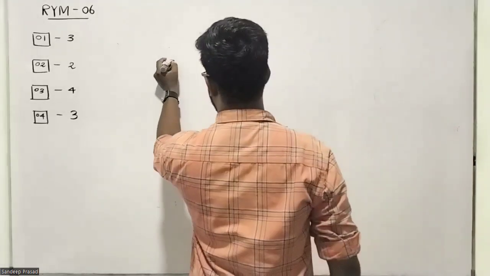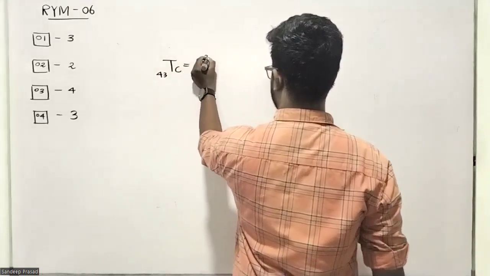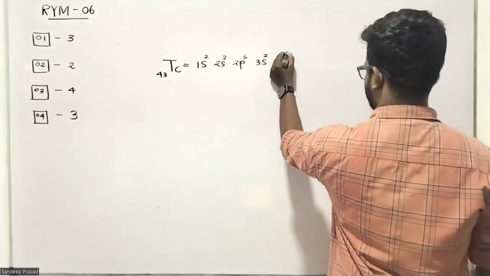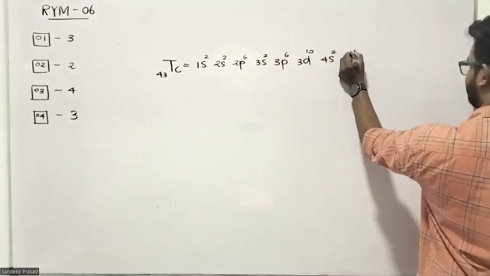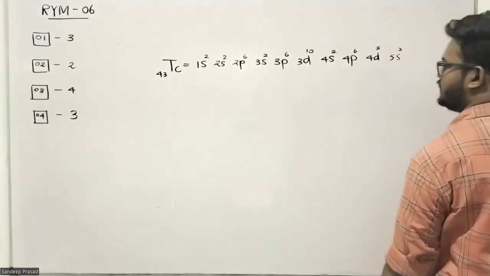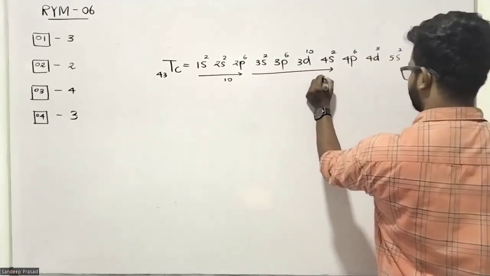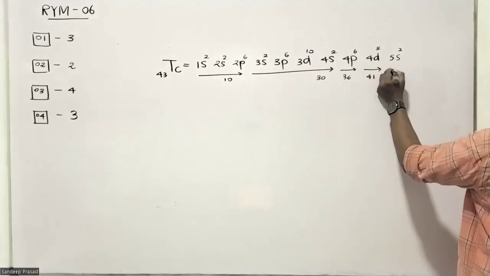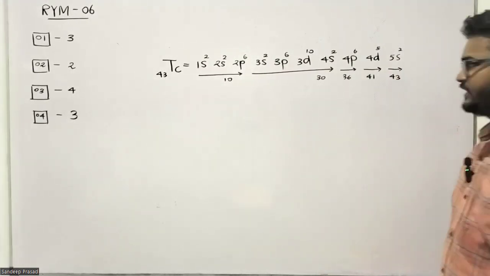First of all, let's write down the element configuration. Tc, technetium, 43. Configuration is 1s2, 2s2, 2p6, 3s2, 3p6, 3d10, 4s2, 4p6, 4d5, 5s2. Up to here, we have 10 electrons, 30 electrons, 36, 41, 43. So this is the configuration of technetium.